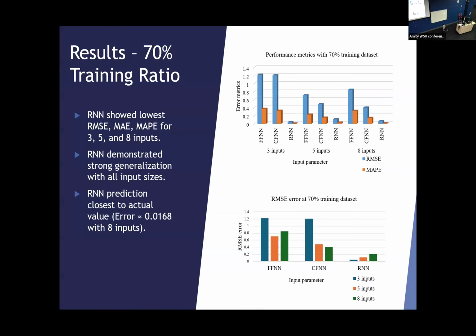So on the 70% training ratio data set, the RNN consistently outperformed the other models across all input configurations. With 3 input features, the RNN achieved an RMSE of 0.0433, significantly lower than the other models.